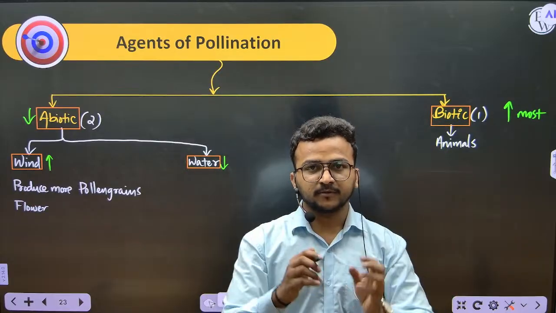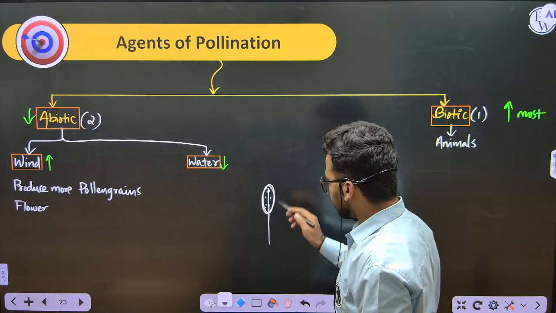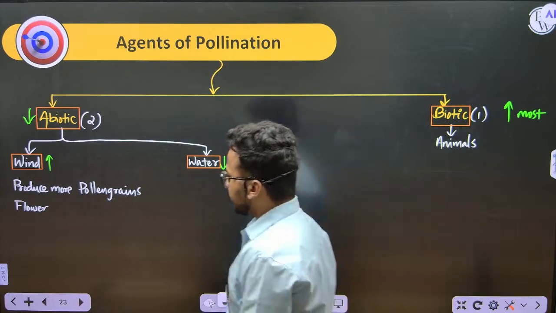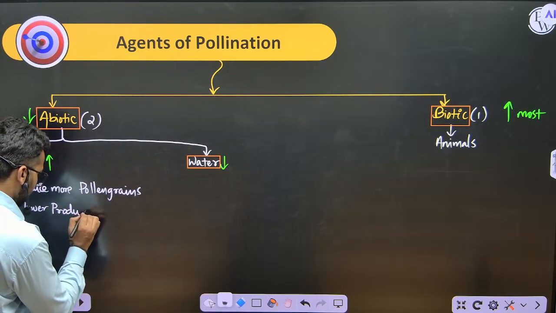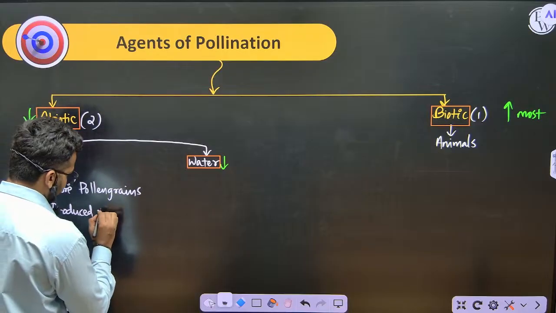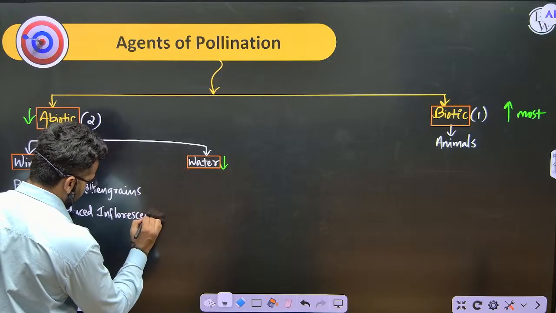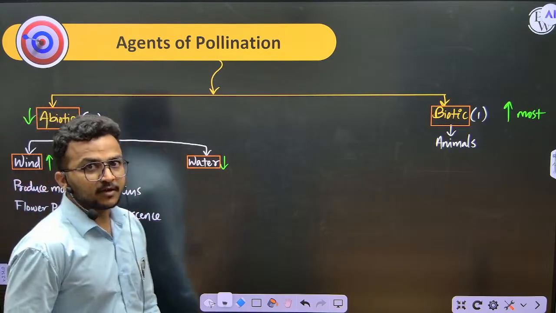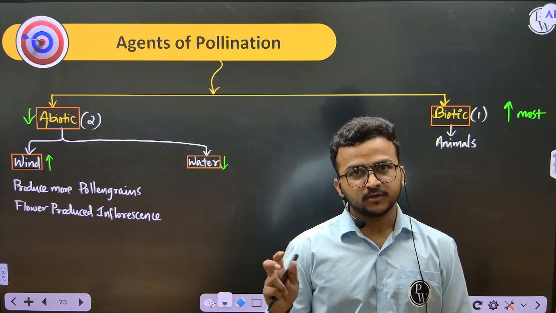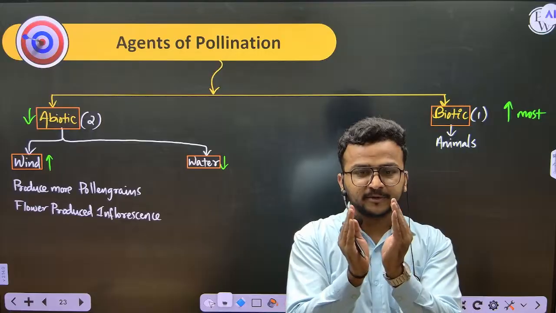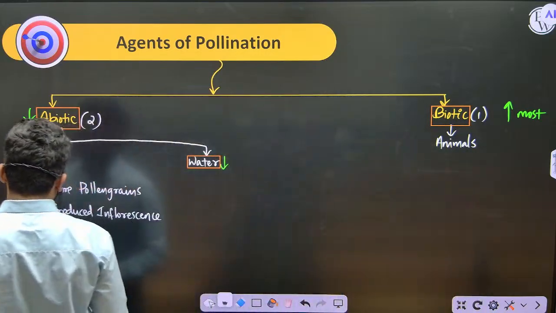All the flowers are present on it, so this is nothing but an inflorescence. You might have seen plants like jowar or bajra, where all the flowers are present on the ear. That is flowers produced on an inflorescence.